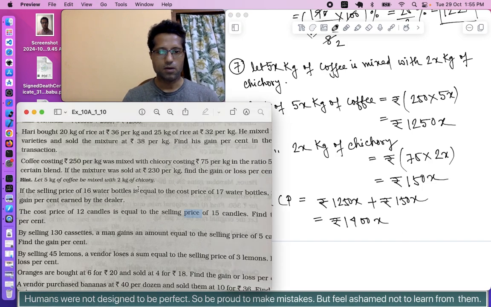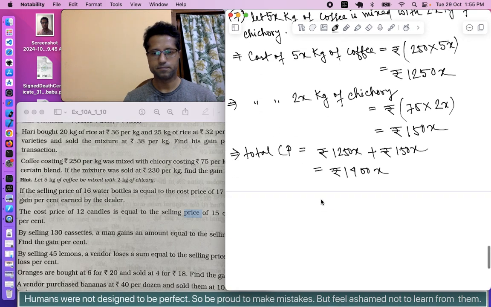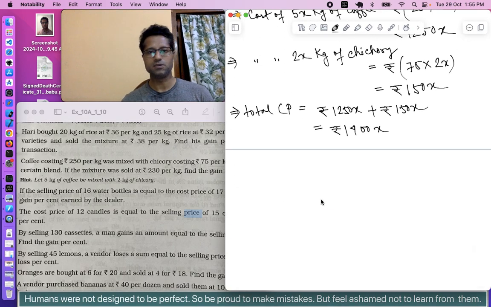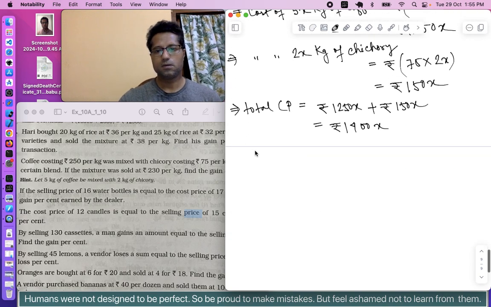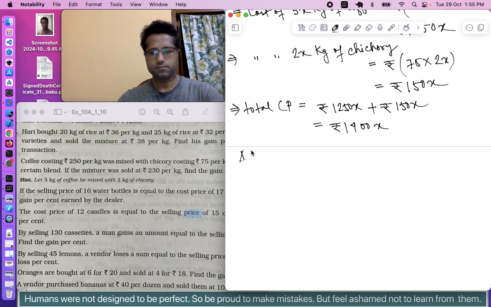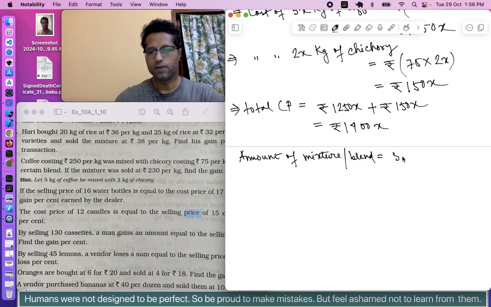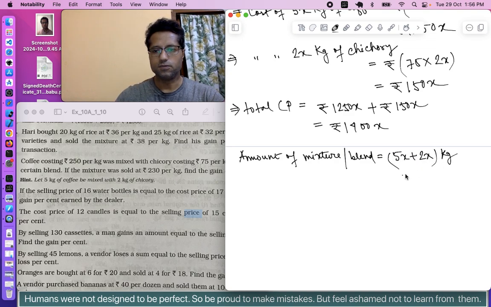Now it is also said that the mixture was sold at rupees 230 per kg. So the amount of mixture or blend is 5x plus 2x kg, which is equal to 7x kg.